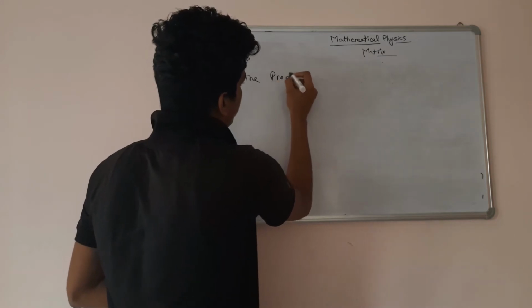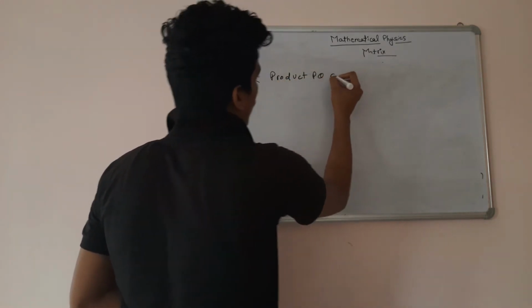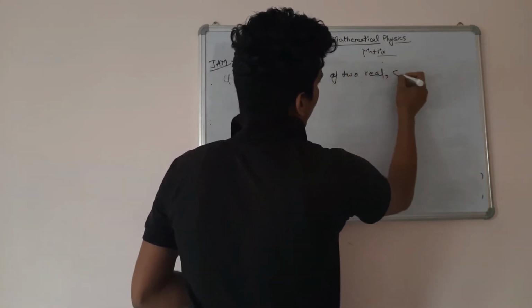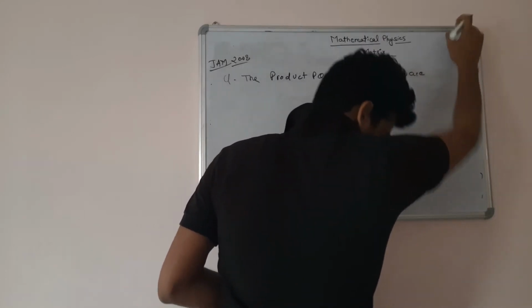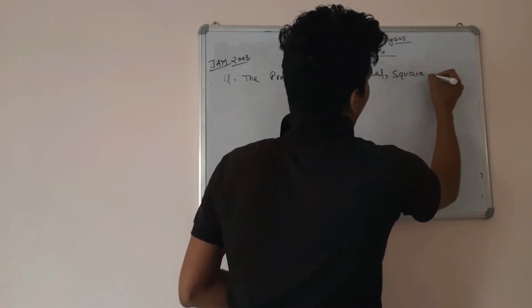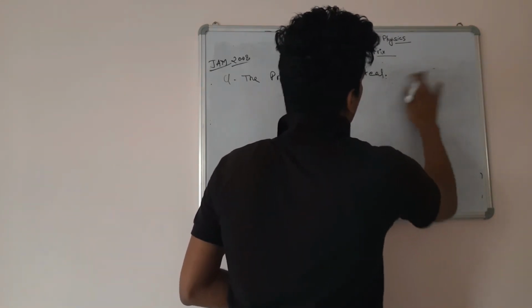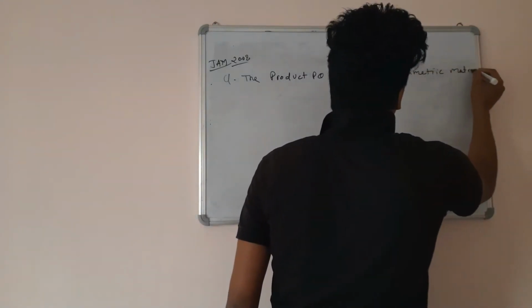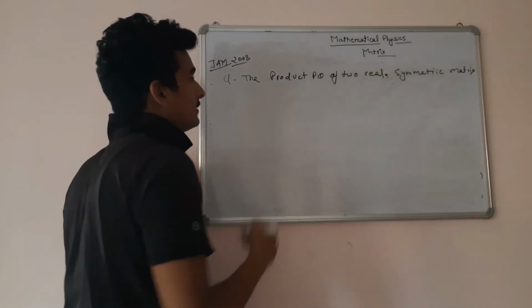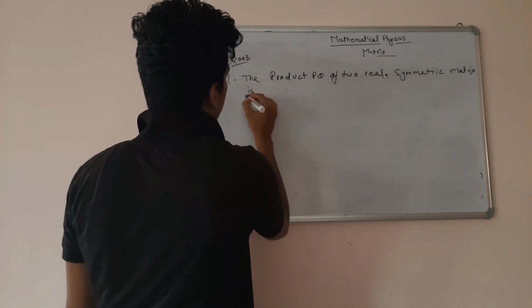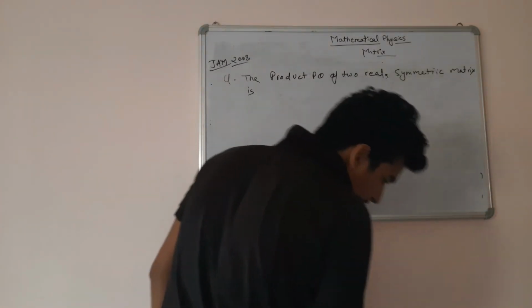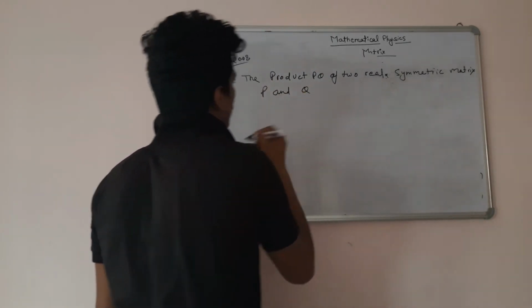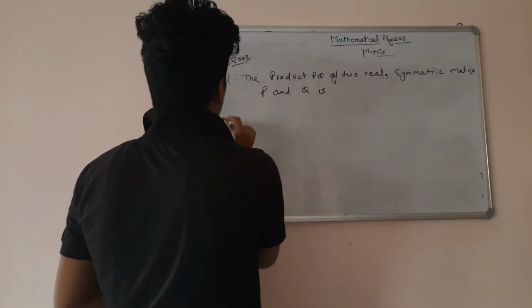The product PQ of two real symmetric matrices P and Q is: there are options.